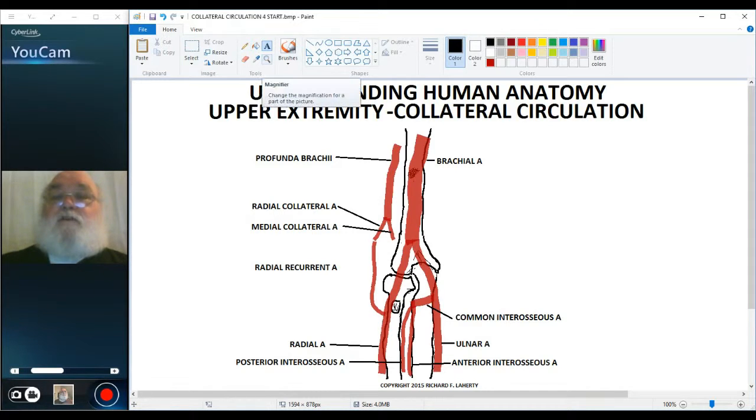So the radial recurrent is running from distal to proximal instead of the other way around. And the radial recurrent artery anastomoses with the radial collateral artery. Right? Radial collateral with radial recurrent to form a connection between profunda and the radial artery.